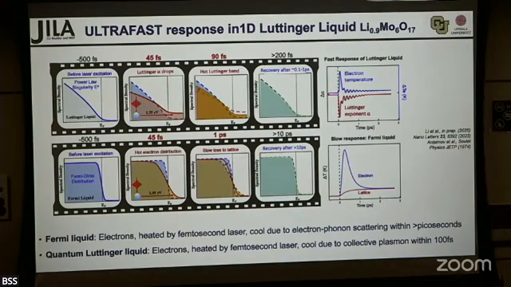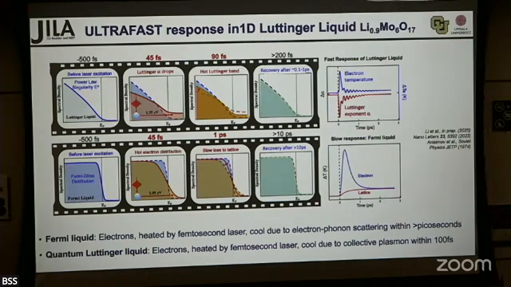And of course, that's going to excite a plasmon because it's a 1D strongly coupled system. And that plasmon is modulating the band structure, and we can see that because it modulates the Luttinger exponent. We can see it in the data too. It has to modulate the electron temperature the same way the breathing mode, when it modulates the band position, has to modulate the electron distribution, because you have to conserve electronic entropy.